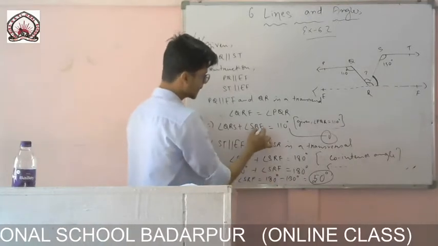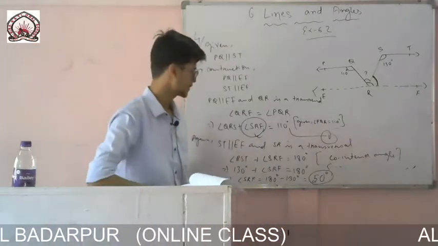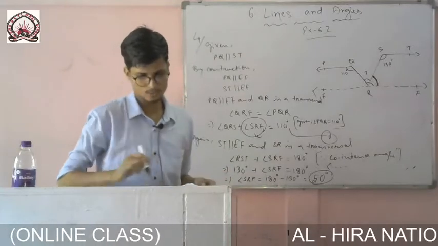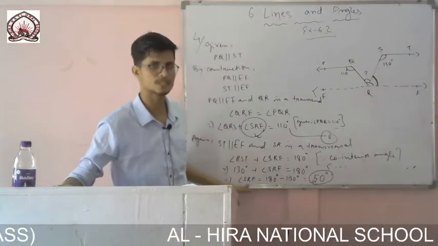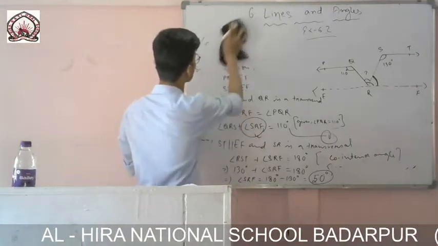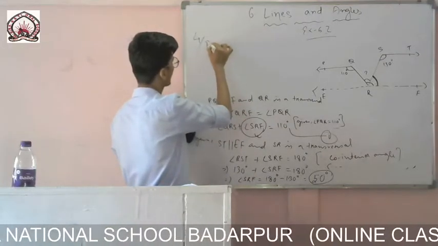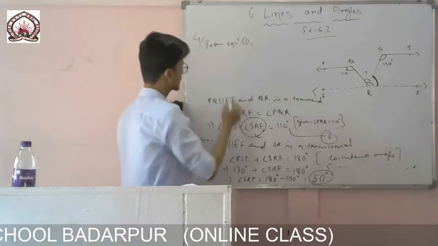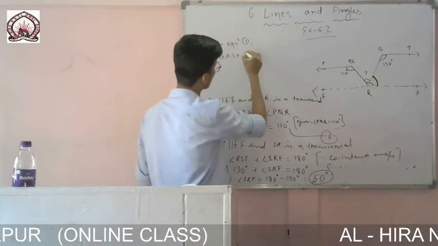So now if I put the value of SRF here, then I will easily get the value of QRS. I have found the value of SRF, now I will put it here. So from equation 1, I can write angle QRS plus angle SRF.